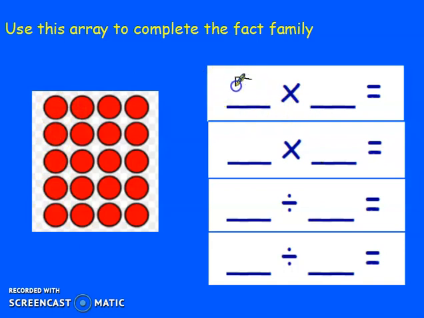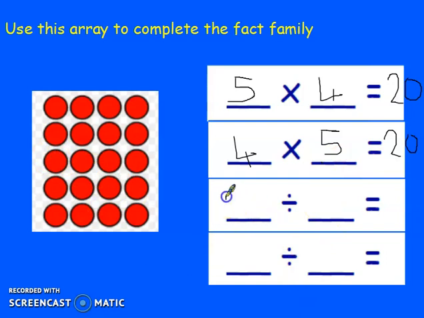We have 5. 5 times the number going across, which is 4, equals the total amount. So we know our 4 times table: 4, 8, 12, 16, 20. We can also work out that the number across, which is 4, times the number going down the side, which is 5, also equals 20, because we know our 5 times table: 5, 10, 15, 20.